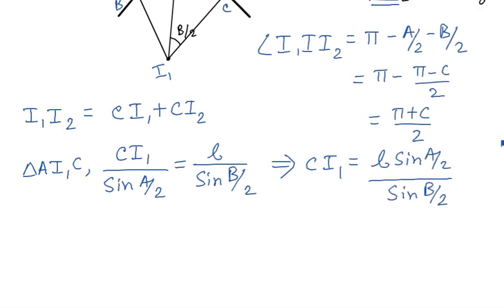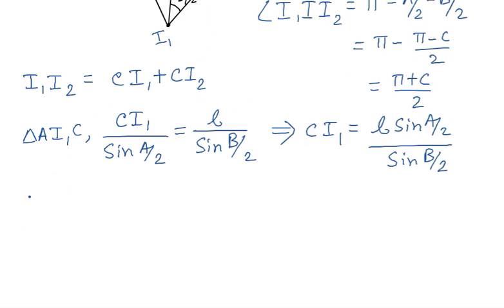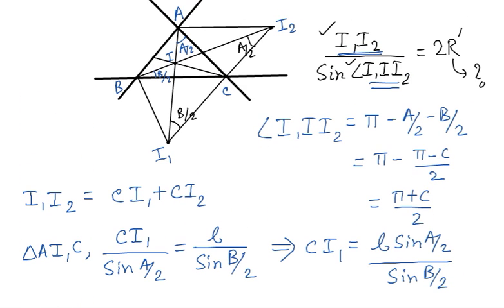So in triangle BI2C, we can write down CI2 divided by the sine of the opposite angle, that is B by 2, is equal to small a divided by sine A by 2.